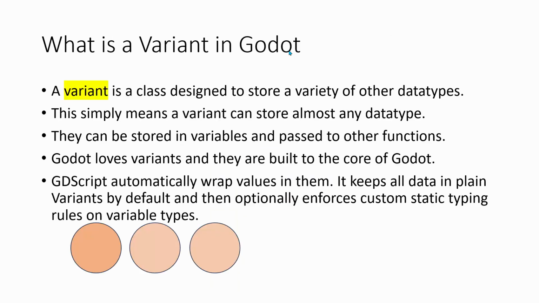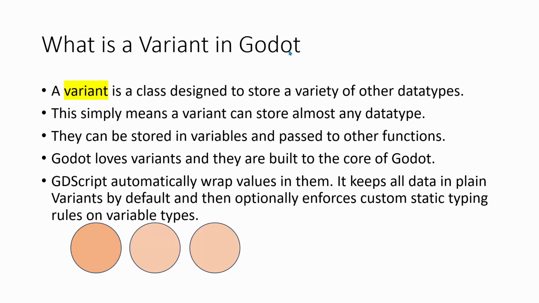So a variant is a data type that can store or reference multiple data types. So for example, if you have an integer, you can have an integer become a float or a string or a vector too. And basically Godot itself, the entire engine, was using the variant data type, and it wraps that and it keeps everything as a variant.